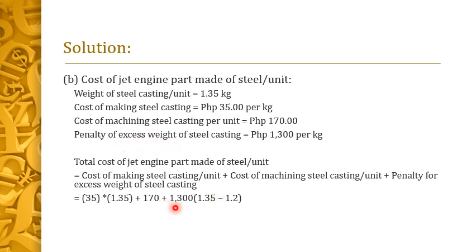So the penalty of excess weight of steel casting is 1,300 pesos. And the excess weight is simply the difference between the weight of steel casting per unit and the weight of aluminum casting per unit, which is 1.35 kilograms minus 1.2 kilograms. Using your calculators, you should get the sum of 412.25 pesos as the total cost of jet engine part made of steel per unit.